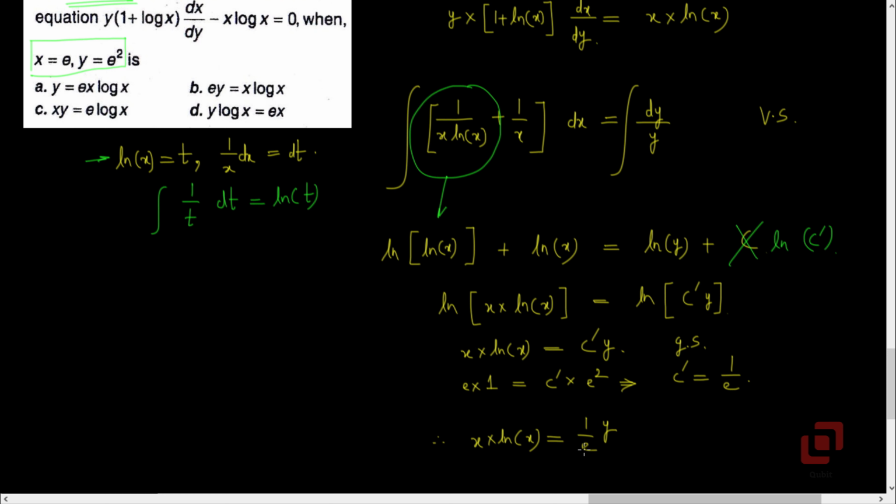If we let e go to the left hand side, we will get e into x into log of x equal to y. This is the particular solution. Let us see if we have it in the options. It is option A, y equal to e into x into log of x, hence A.